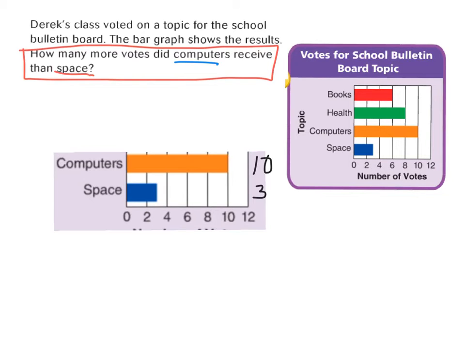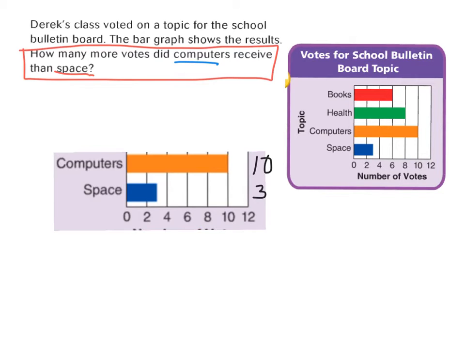First, let's look at the scale. Remember, the scale is the numbers. So we have 0, 2, 4, 6, 8, 10, 12. That's not counting by ones, that would be counting by twos. So the space between each of the numbers is 2.